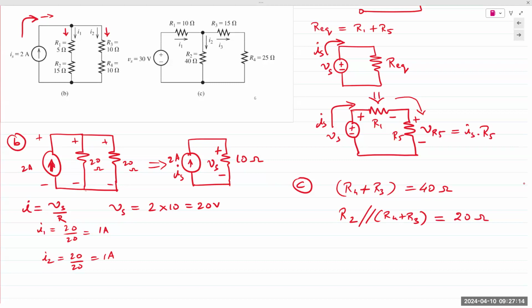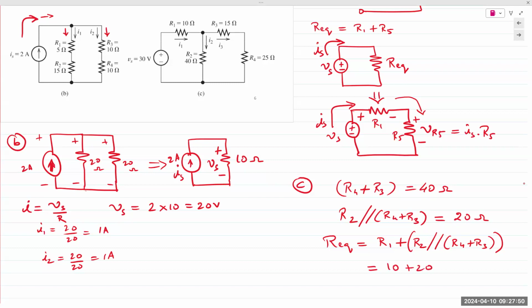So REQ would be R1 plus R2 in parallel with R4 plus R3. That's the entire equation. I'm deliberately doing this in the form of an equation because it is another method by which you can show your work. You can show your work by drawing out the circuit diagram for every step, or you write out the equation in this manner, or you can do both.